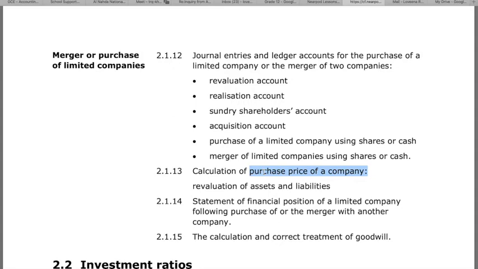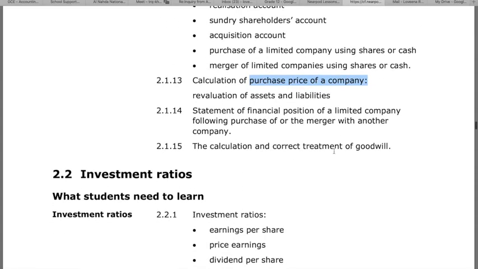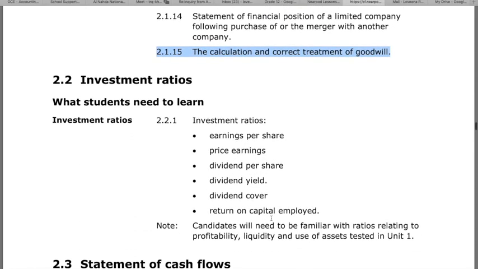You know the formula, but you'll have to read the problem and understand how much they're paying in cash, how much they're paying in the form of shares. When I'm telling you like this, it's quite easy, but when you actually look into the problems, it kind of makes you go crazy. This is the only challenge here. Then goodwill you've already looked into in grade 11. There's not much of a difference here.